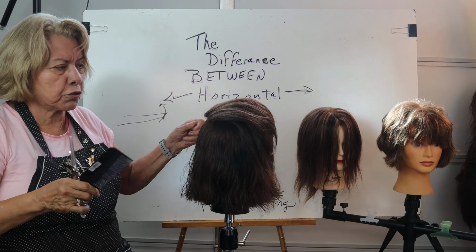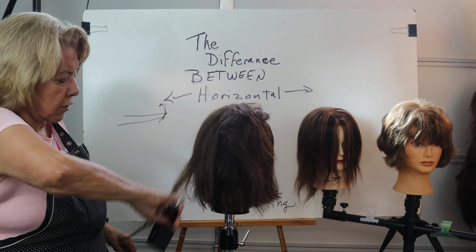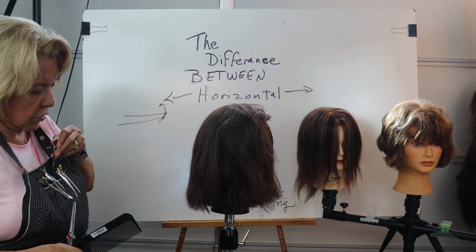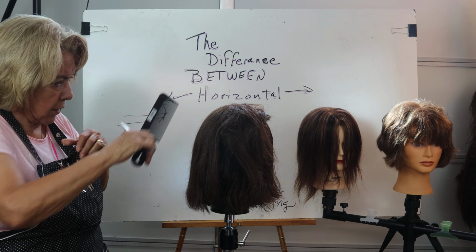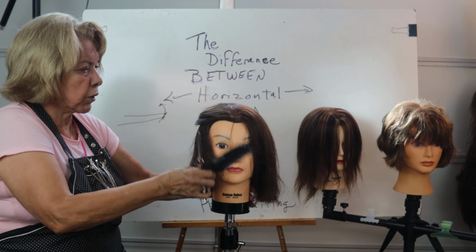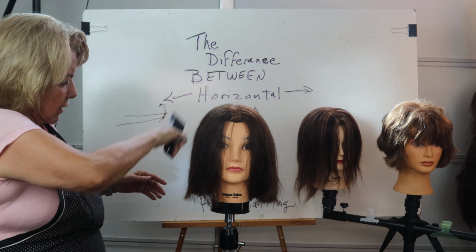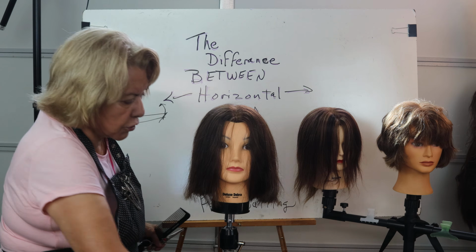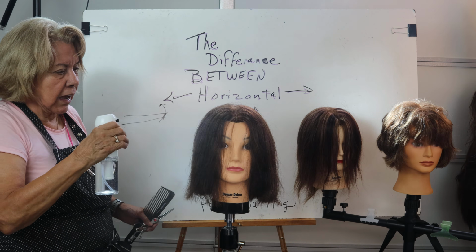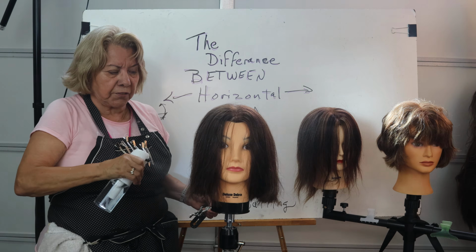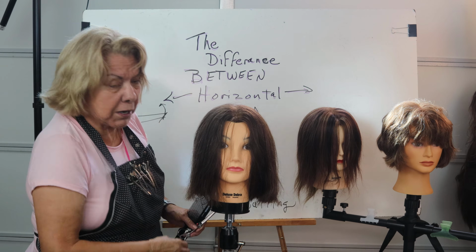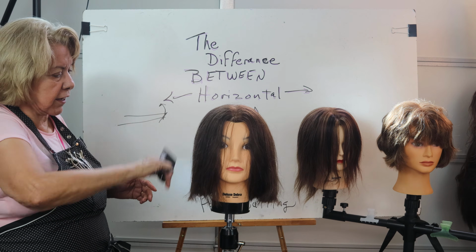And remember, I told you, you've got to lean her forward, or else that's going to show up. Okay, so now we just clean it up. And instead of blending now, I am going to continue rolling it like I was. So you can see that it will continue to flip out. That's horizontal cutting. However, the angle that you have it in is the reason, if you want to know why is this flipping out, why can't I get it to lay down?